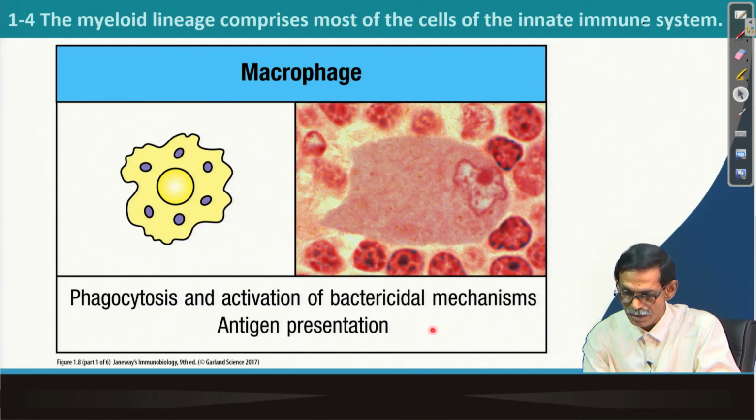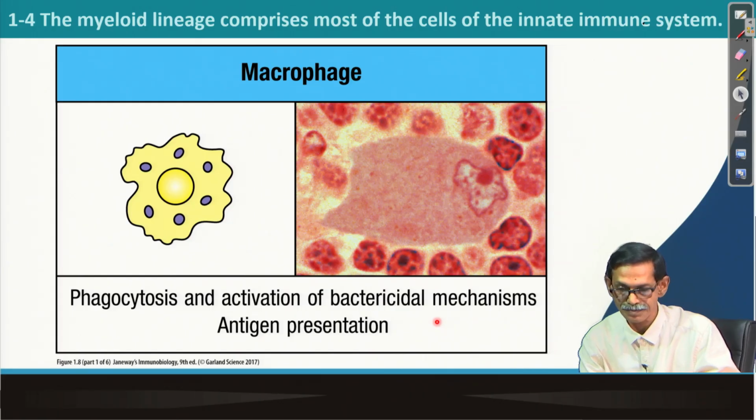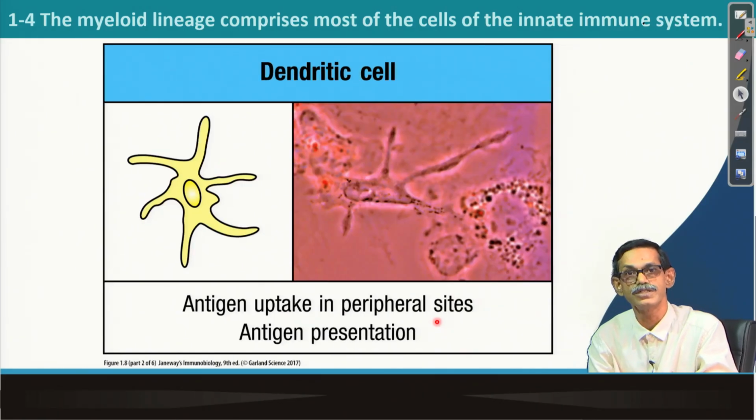Another cell which is also an antigen presenting cell is known as the dendritic cell. It takes up the antigen from peripheral sites, normally by macropinocytosis, and by that it presents the antigen to B cells and T cells in the lymph node.